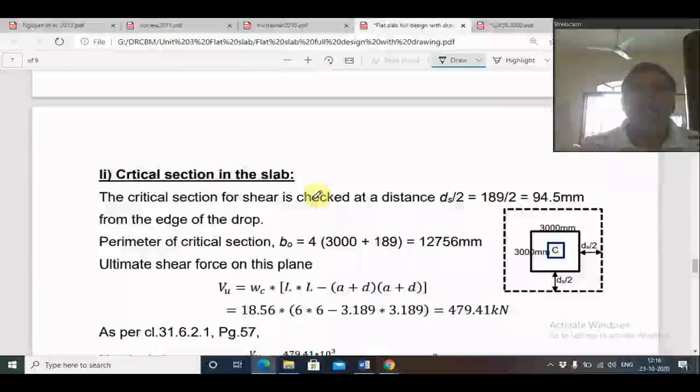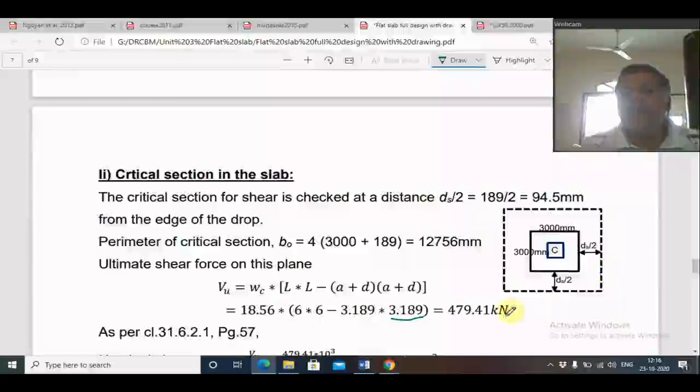Because the critical section is calculated from the edge of the drop. Drop panel size itself is 3 meter by 3 meter. So again adding the d by 2 on either side, we get the one side length as 3000 plus 189 mm, so totally 3.189 meters. We can get the one side of the critical section.